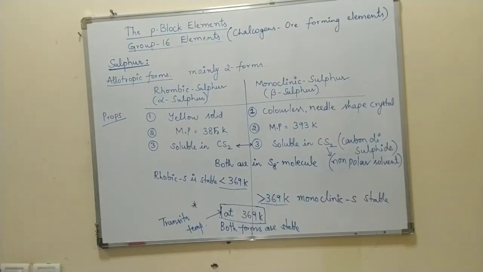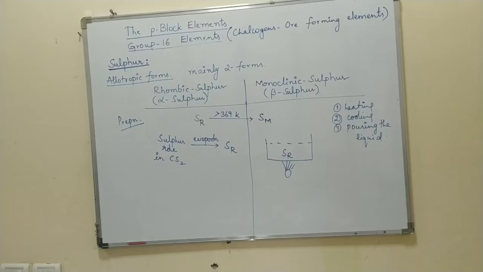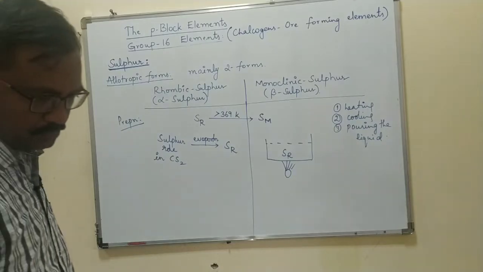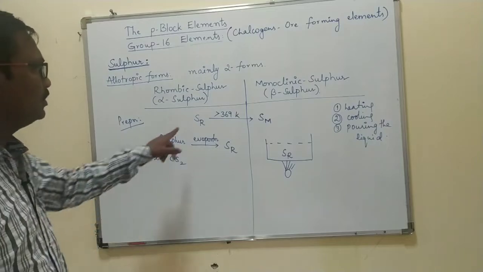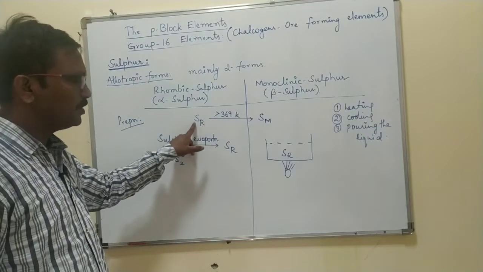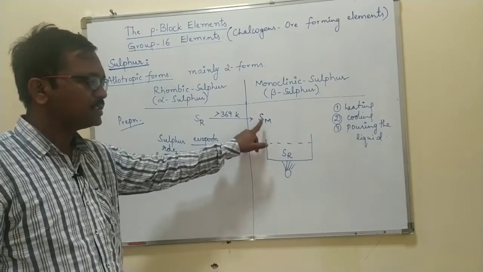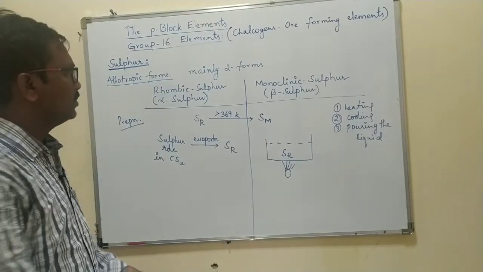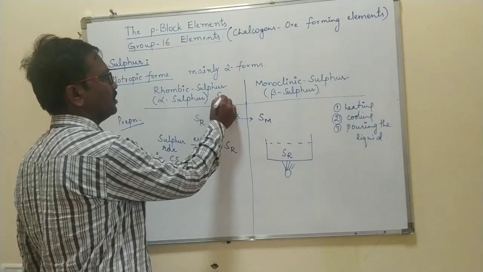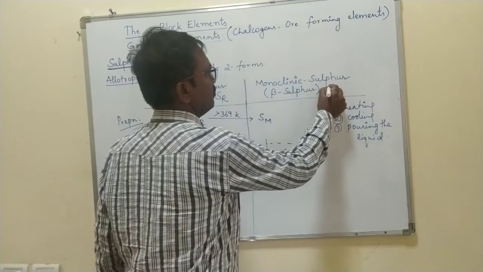Rhombic sulfur you can write as SR, and monoclinic sulfur as SM.